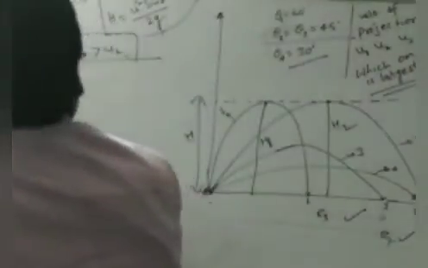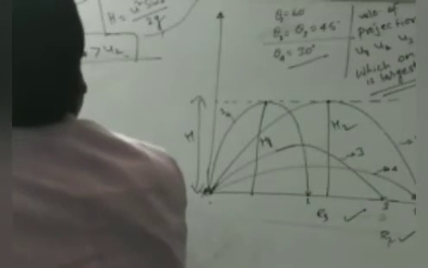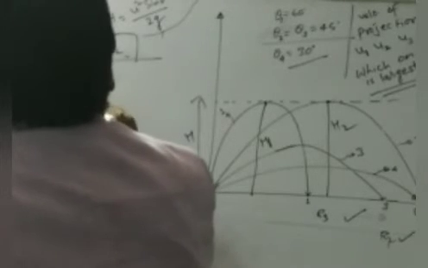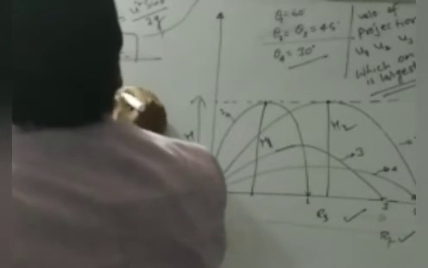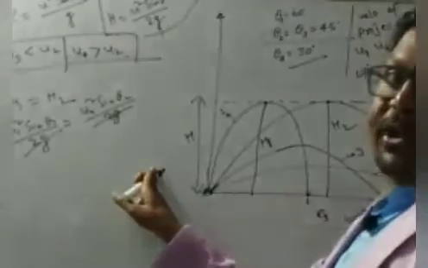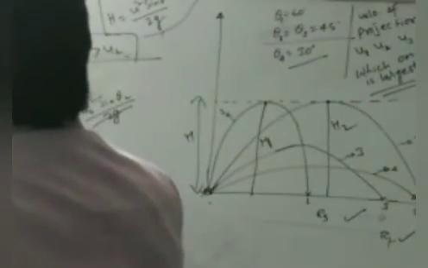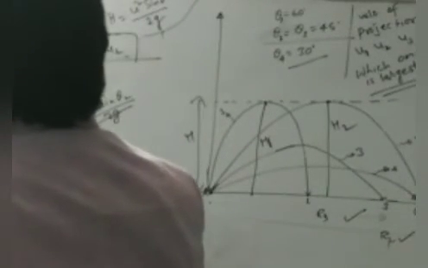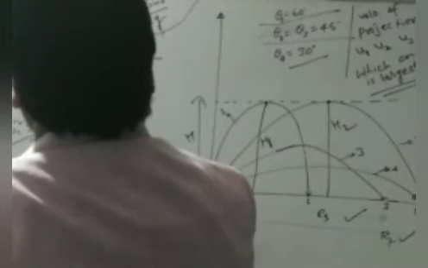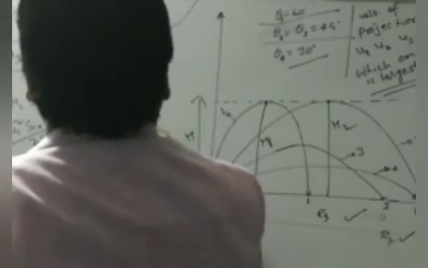The formula for h is u square sine square theta upon 2g. So you write here u1 square sine theta 1 upon 2g, and this is u2 square sine theta 2 upon 2g. 2g will cancel out. Then u1 square sine theta 1 is 60 degree, and u2 square sine theta 2 is 45.